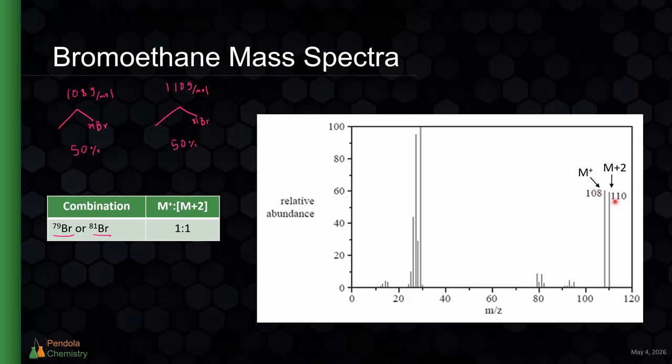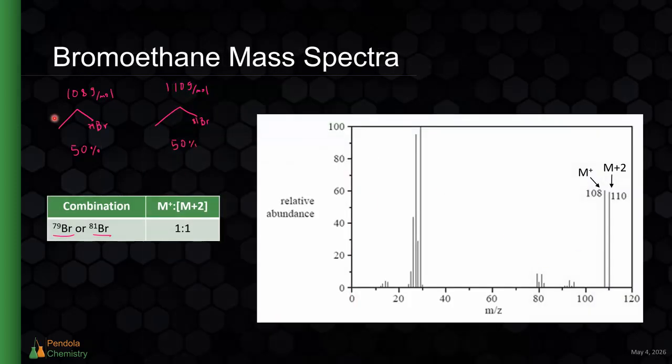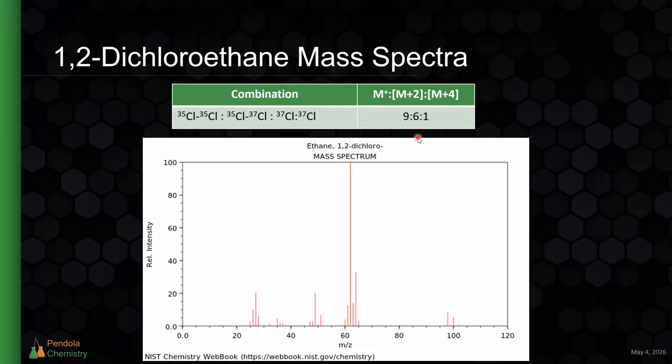But they're roughly the same height, meaning that just by looking at this, not knowing which compound this belongs to, because we see the M plus and M plus 2 peaks being almost identical in height, we know that this compound is very likely to have 1 bromine in it. And we just tell that by these patterns. Like I said, we can also see these patterns with things that contain 2 chlorines and/or 2 bromines.